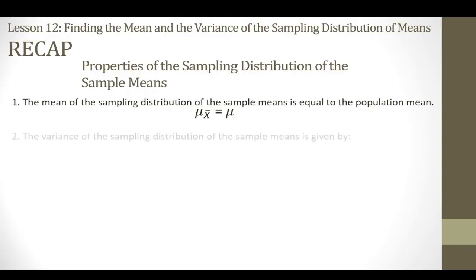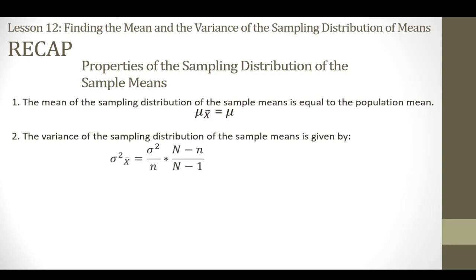Okay? Next. The variance of the sampling distribution of the sample means is given by, ito yung formula niya, this is for a finite population kapag nabibilang mo yung population. Pero kapag hindi mo nabibilang yung population and the samples were obtained from an infinite population, ito yung gagamitin nating formula.